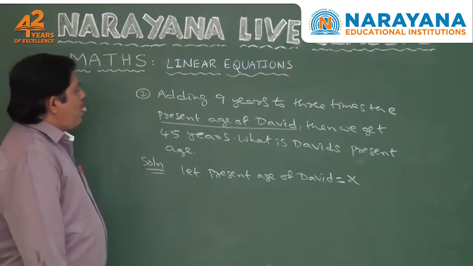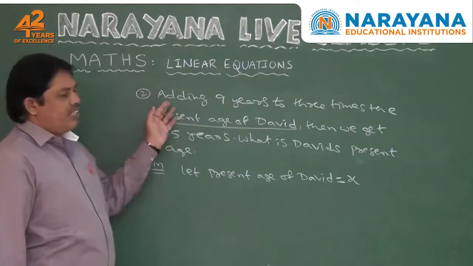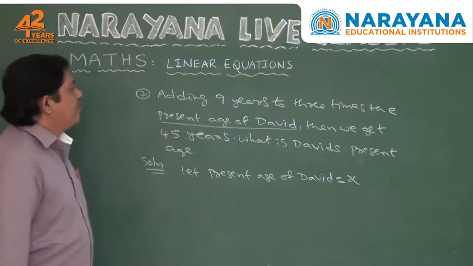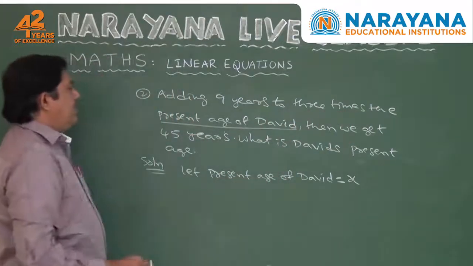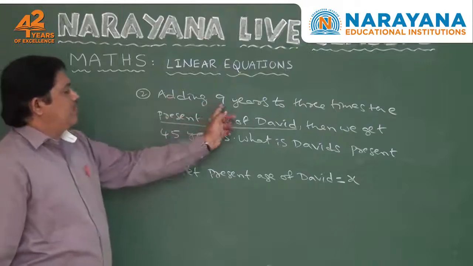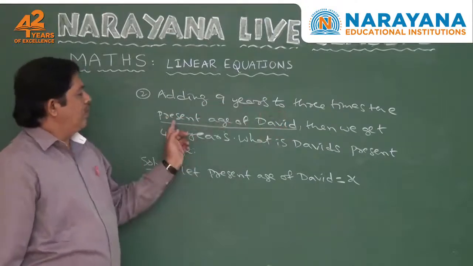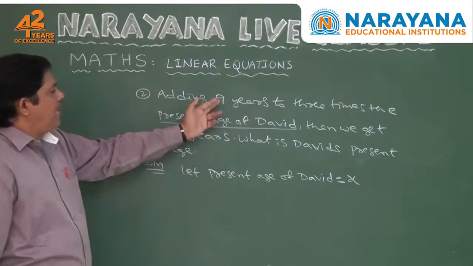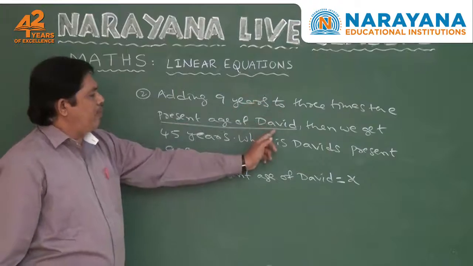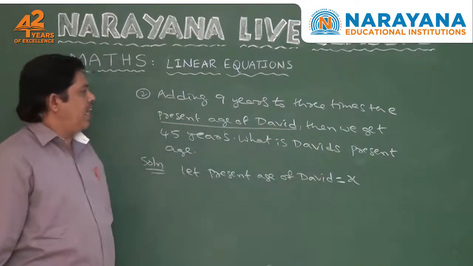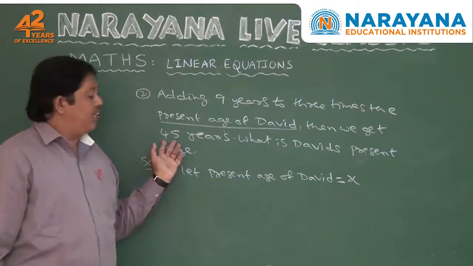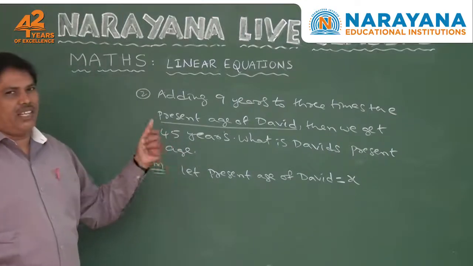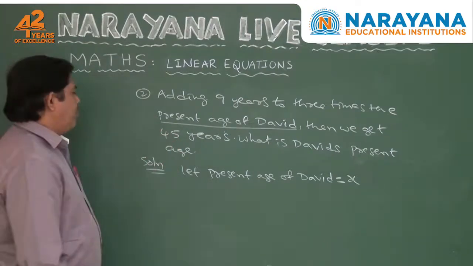Now observe the condition given in the problem. 3 times the present age of David is 3x, and adding 9 years to it gives 9 plus 3x, and then we get 45 years. That means 9 plus 3x is equal to 45.